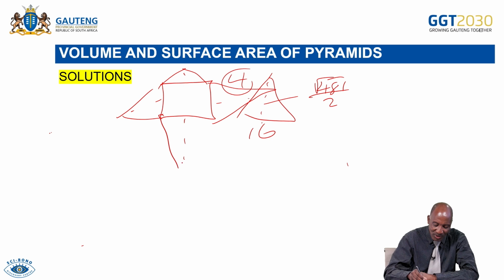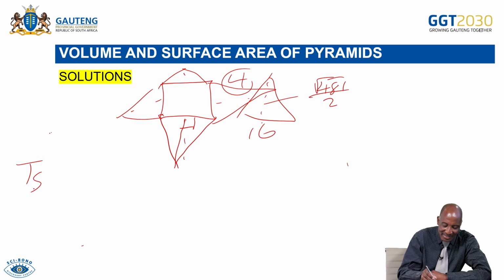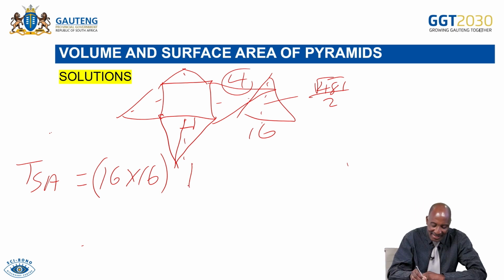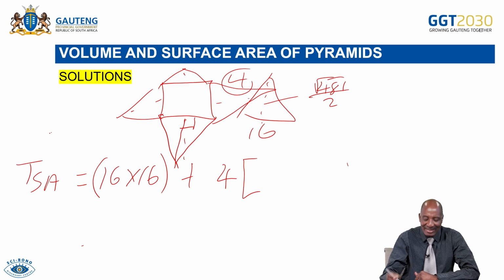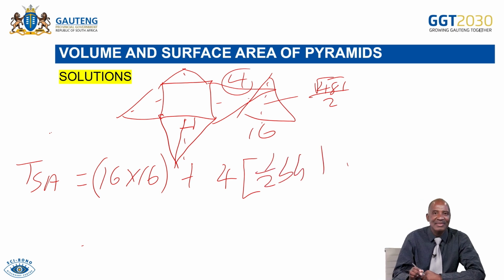Right, this is what I'm talking about as a net. So I'm focusing on this. This is your right angle. So our total surface area is going to be 16 by 16. That is the base, which is a square, added to 4 times the area of each triangle, which is half base times height.